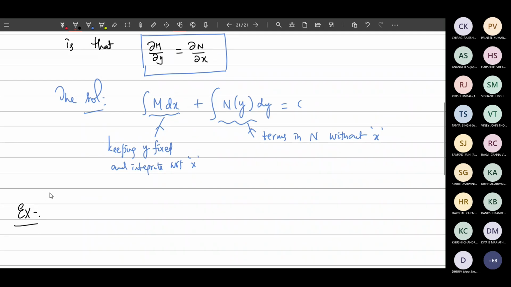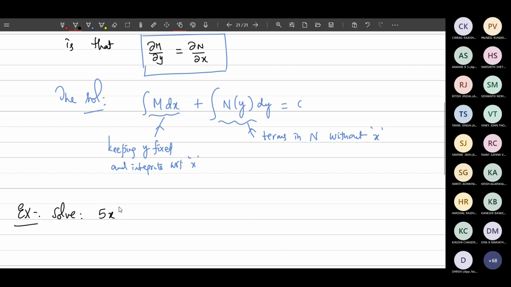Solve the differential equation. The coefficient of dx is a function of x and y, that is M(x,y).